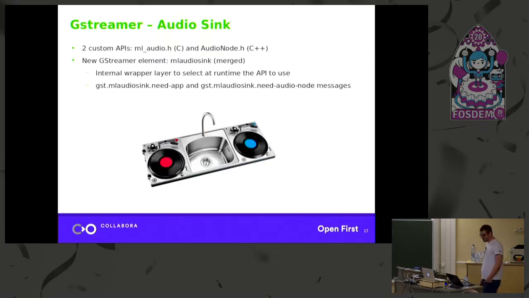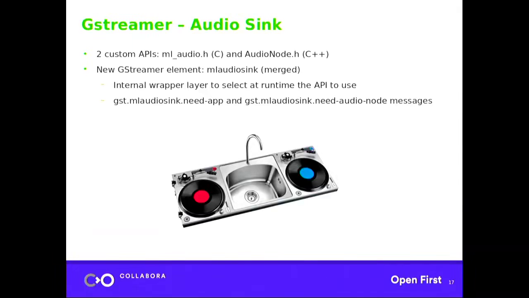Audio sink part. They have two completely different objects, header files, mlaudio.h and audionode.h. One is C, low-level API, and the other one is C++, high-level API. The reason for that is there are two ways for rendering audio on Magic Leap device.